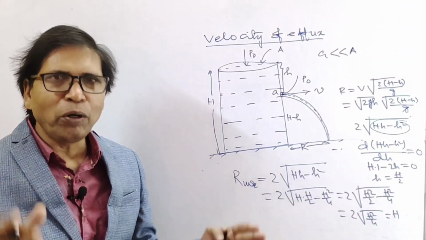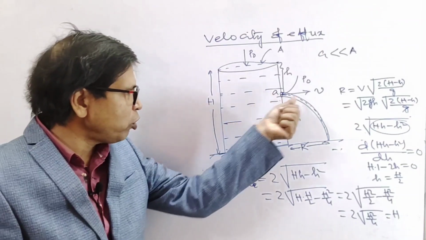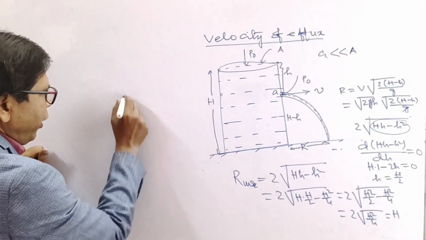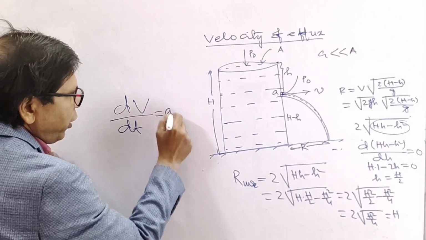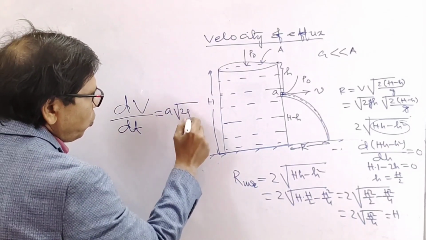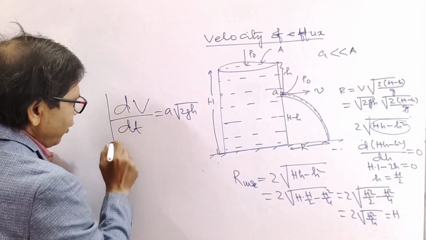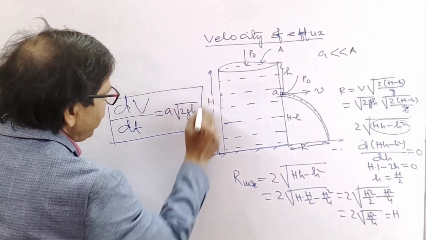Now rate of volume of liquid flowing through this hole, this is dV by dt, equals a into root under of 2gh. Okay, this is also an important relation.